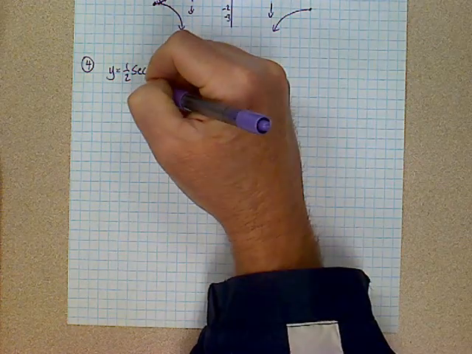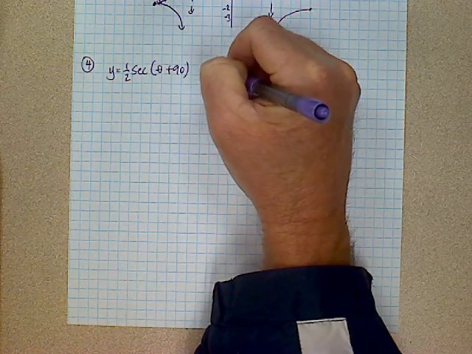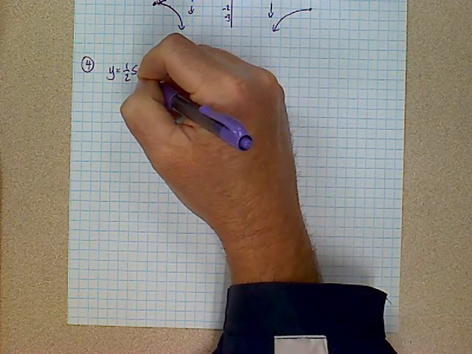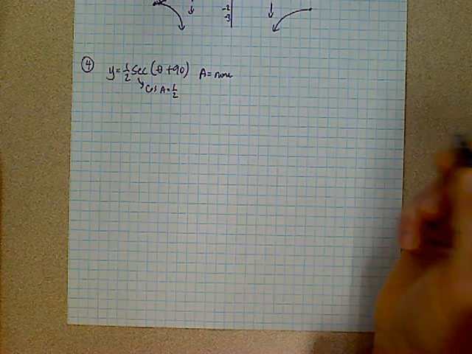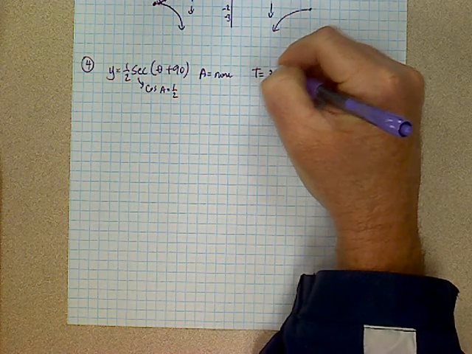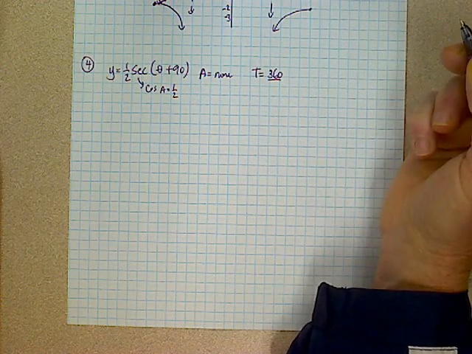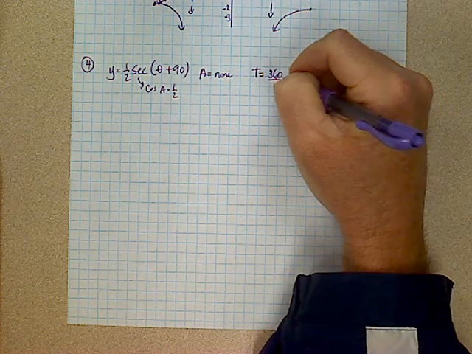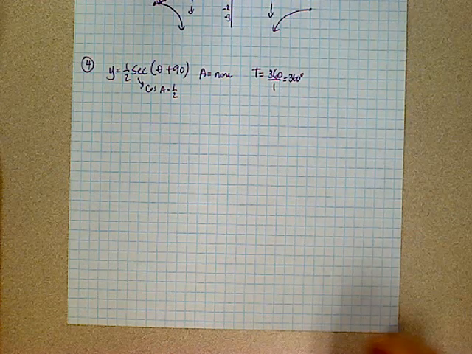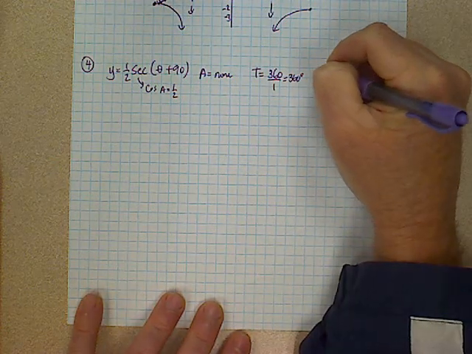All right, so we're going to again say amplitude is none. But we will go cosine amplitude of a half. The period here is going to be 360 divided by 1. Number in front of the angle is 1. So 360 degrees. Now we do have a phase shift on this one.